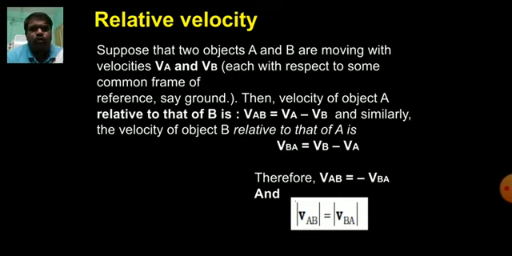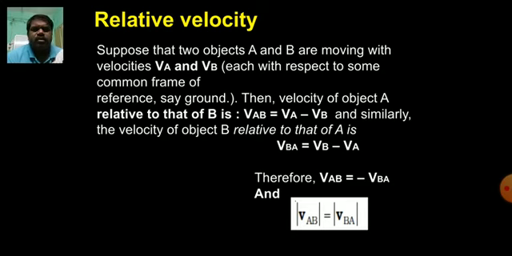One is moving with respect to the other, or both are moving in the same direction or in opposite directions, or one is at rest and the other is moving with respect to the first. All these velocities are termed relative velocity.